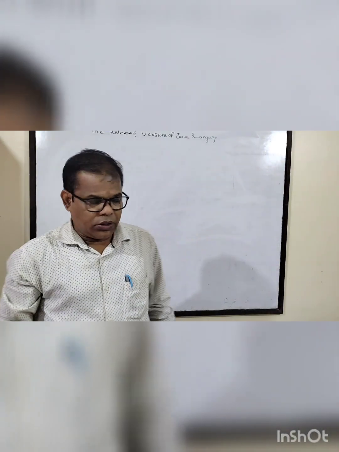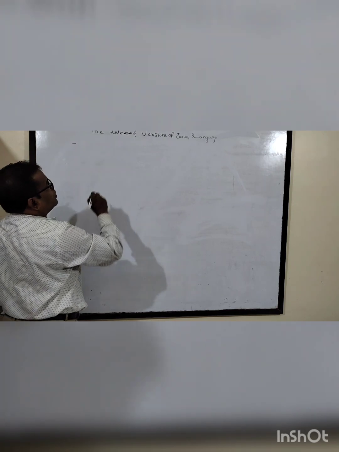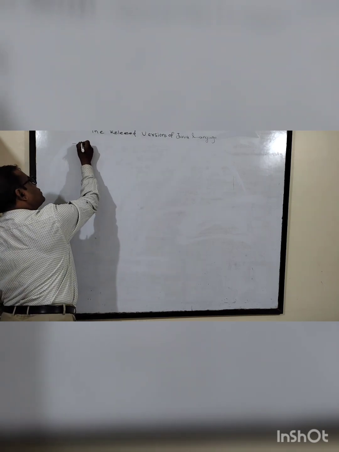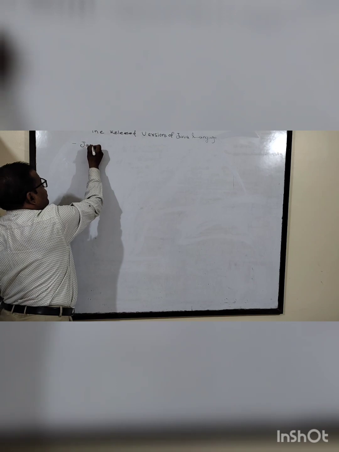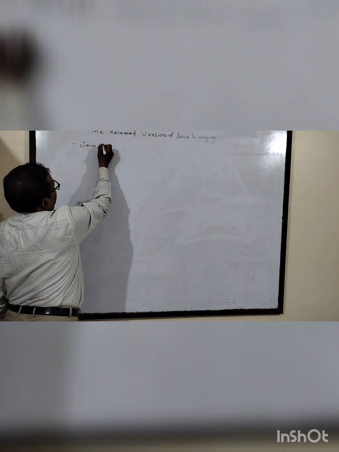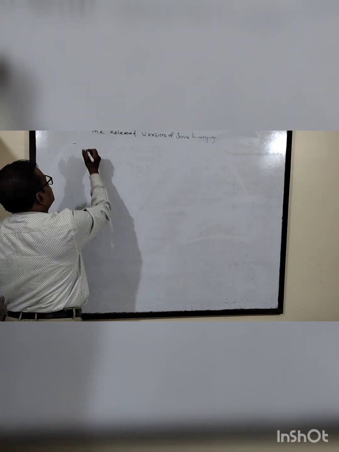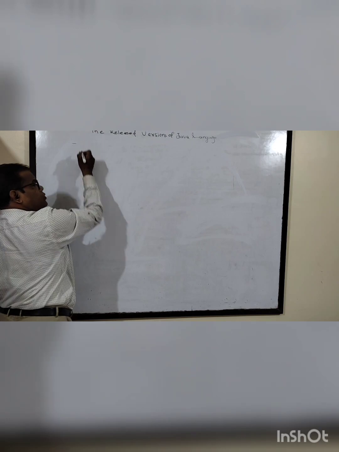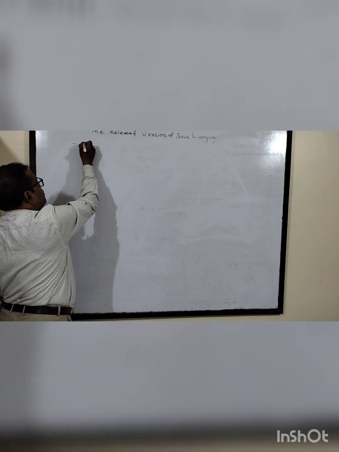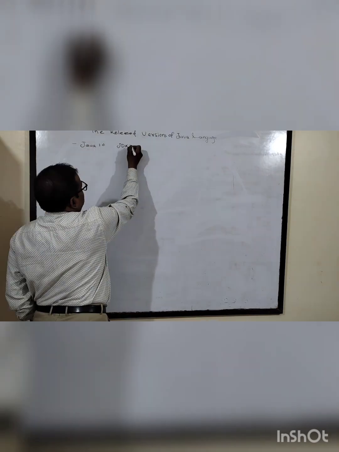Of course, we will see the very first Java, the first stable version, which is called Java 1.0.